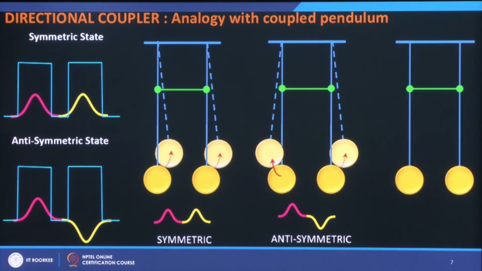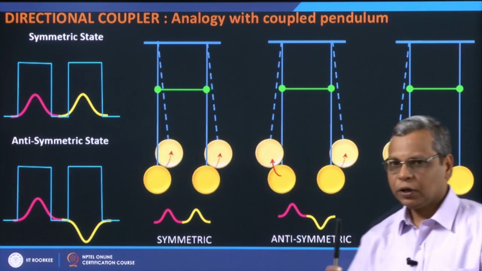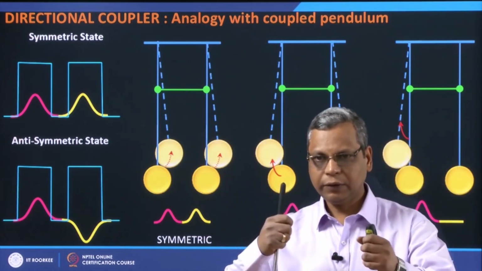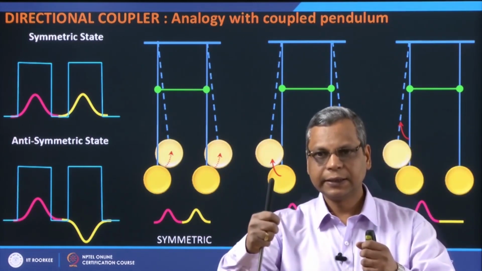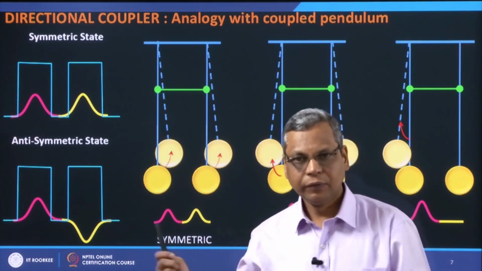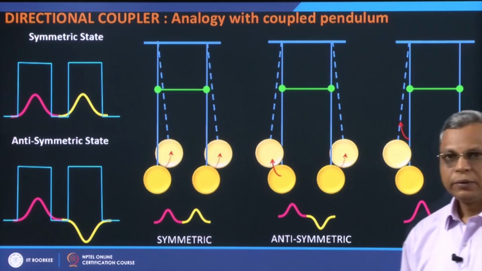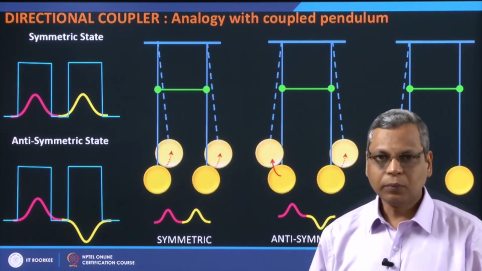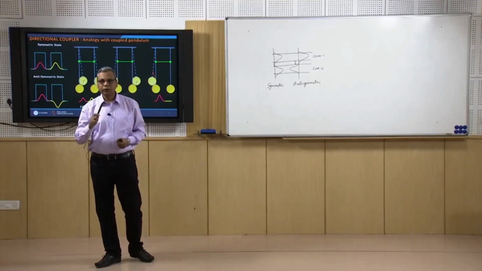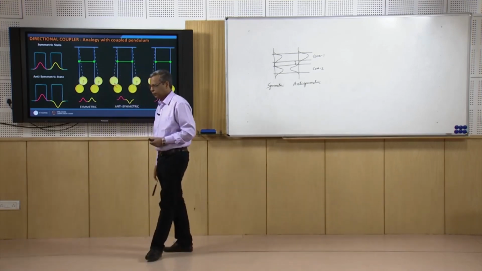Now, what happens if I displace only one of them? If I displace only one of them and then I release, then what happens? We will see. Then this is equivalent to putting power into one core of the directional coupler.